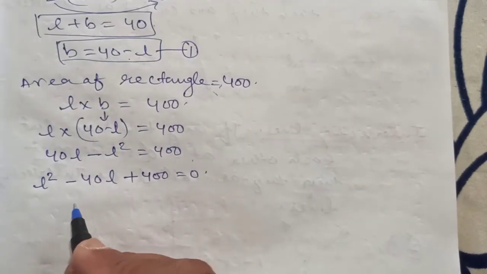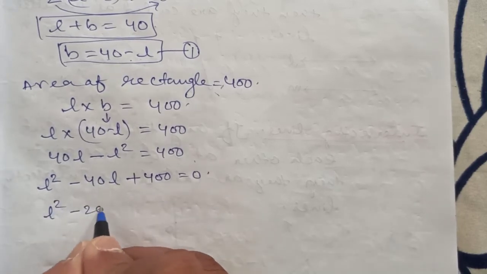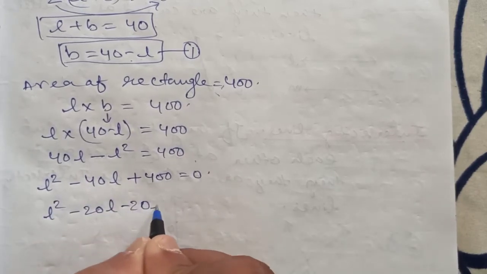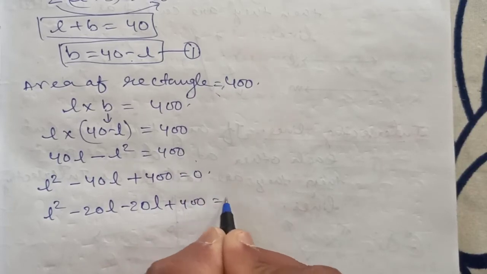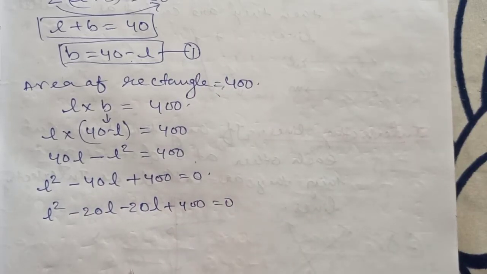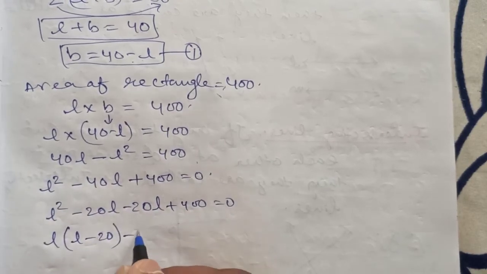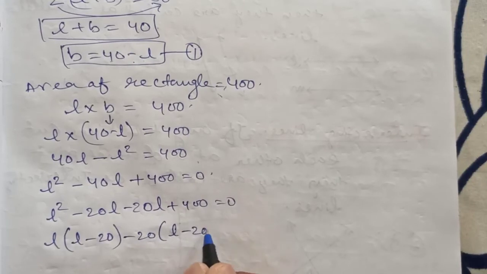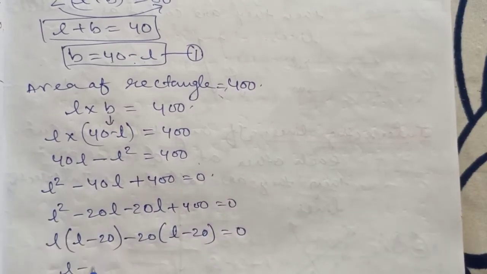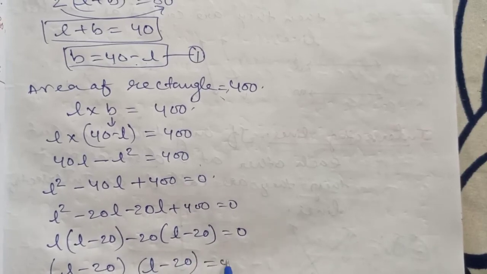Now split the middle term to find the value of L. L square minus 20L minus 20L plus 400 we can write. Why? Because 20 plus 20 is 40, 20 into 20 is 400. Take out L common, L minus 20, take out minus 20 common, L minus 20 equals 0. So we got (L minus 20) and (L minus 20) equals 0.